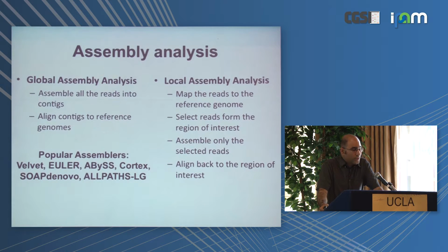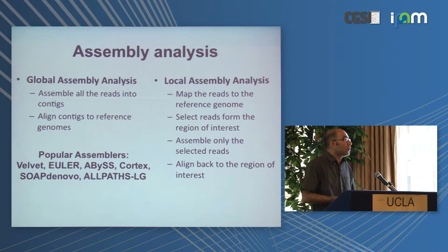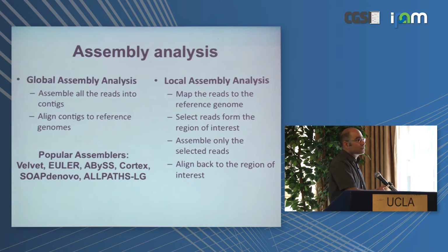There are two ways to use this assembly approach. One is to do a global assembly analysis: you get all the reads from the whole genome sequence, give them to an assembler, get all the contigs, align those contigs back to the reference genome, and call the variations. Another way is to use some sort of local assembly analysis. Let's say you're interested in a specific region.